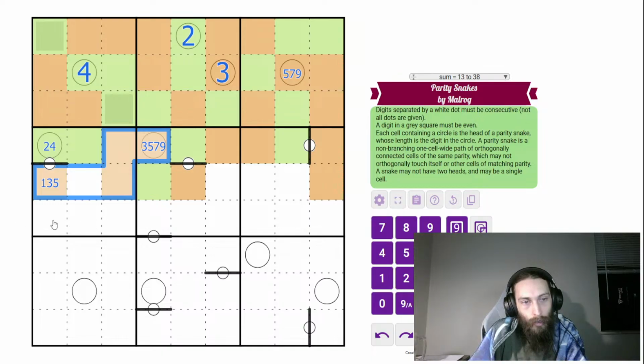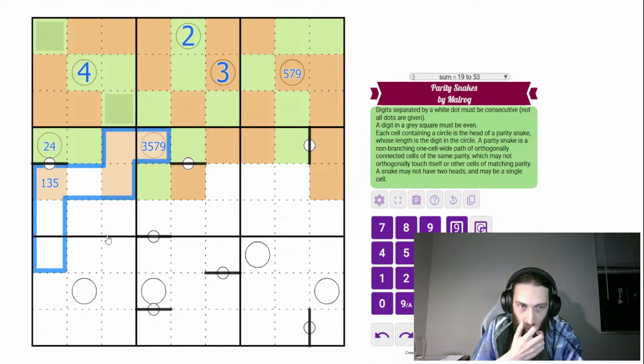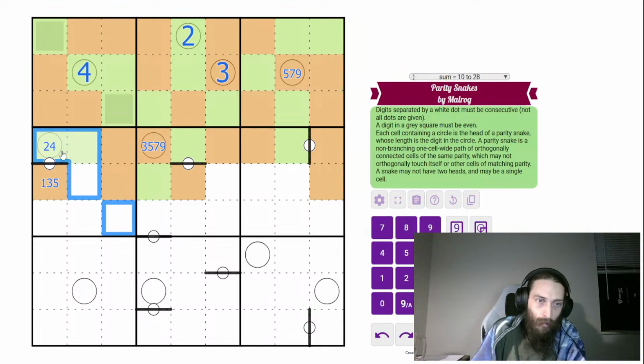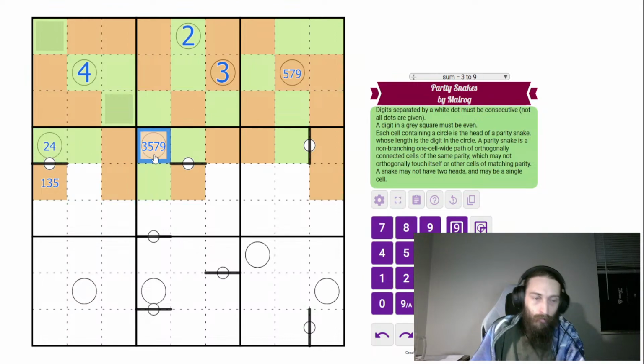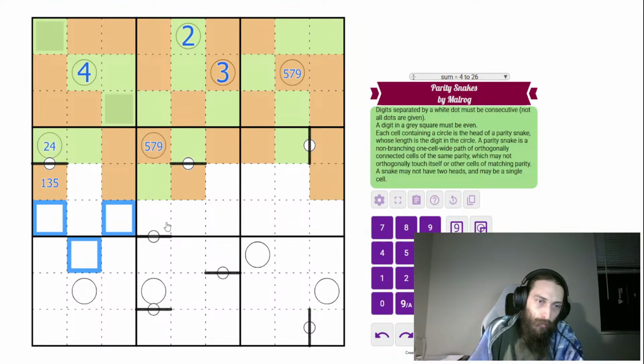But I need 1 more odd in this box, so it would have to continue 2 more steps. Oh, and this can't be 3, because if it was 3, those 2 would be even, and this would be an odd length even parity snake. So that's not 3, and it must continue. But this can still be 4, with odds in those positions.